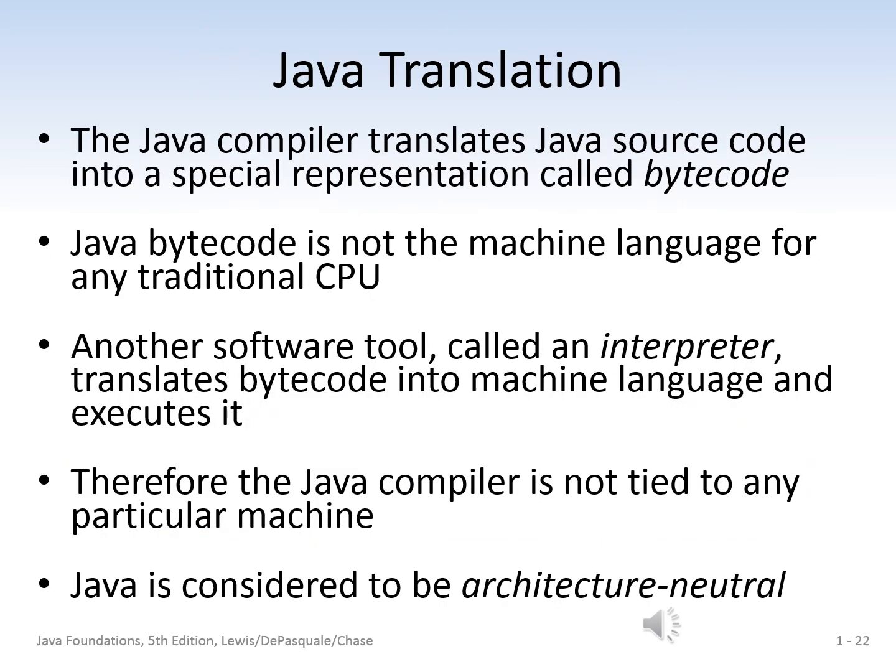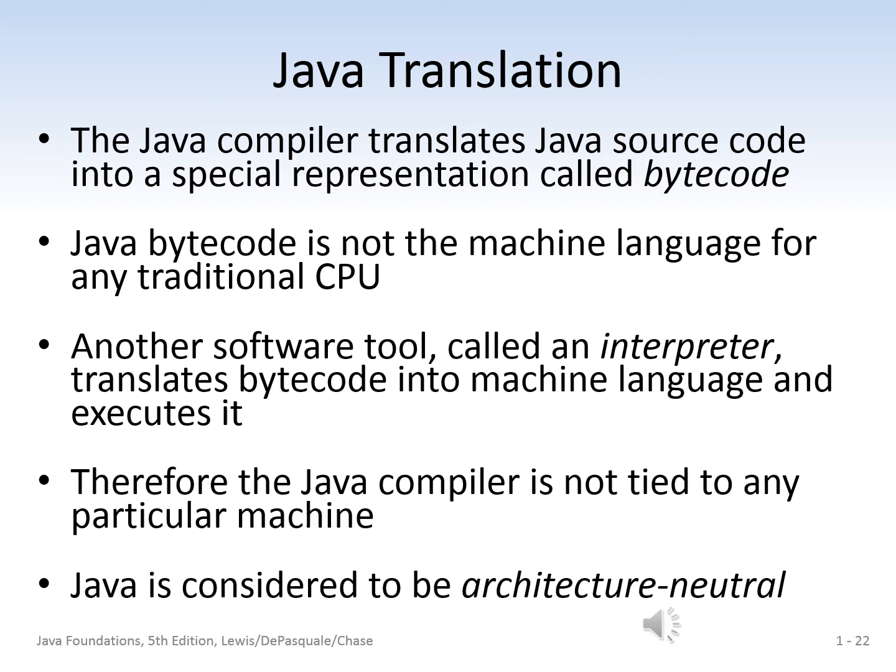So next we move on to the Java translation process, which involves a compiler and an interpreter. The Java compiler does not translate Java source code into machine language. It translates it into a special representation called bytecode, Java bytecode. Java bytecode is not specific to a CPU.